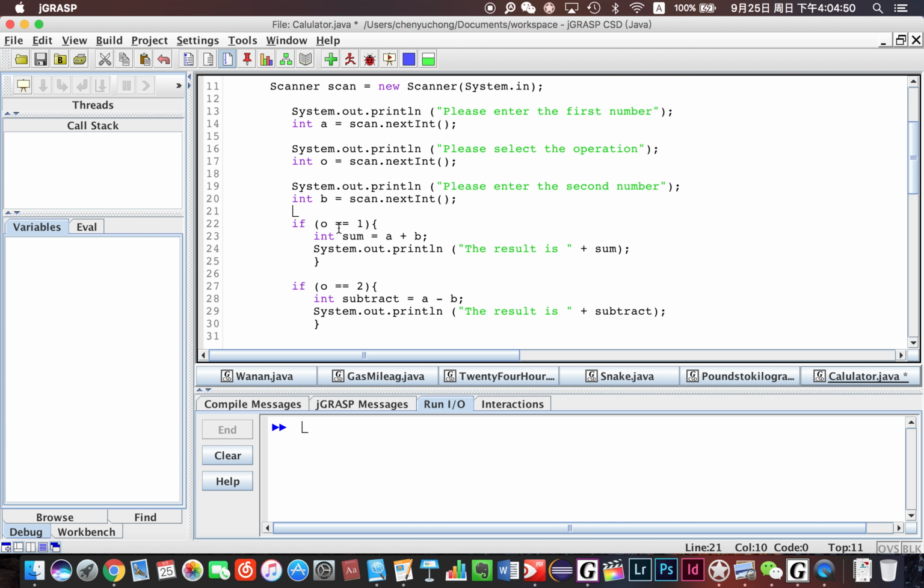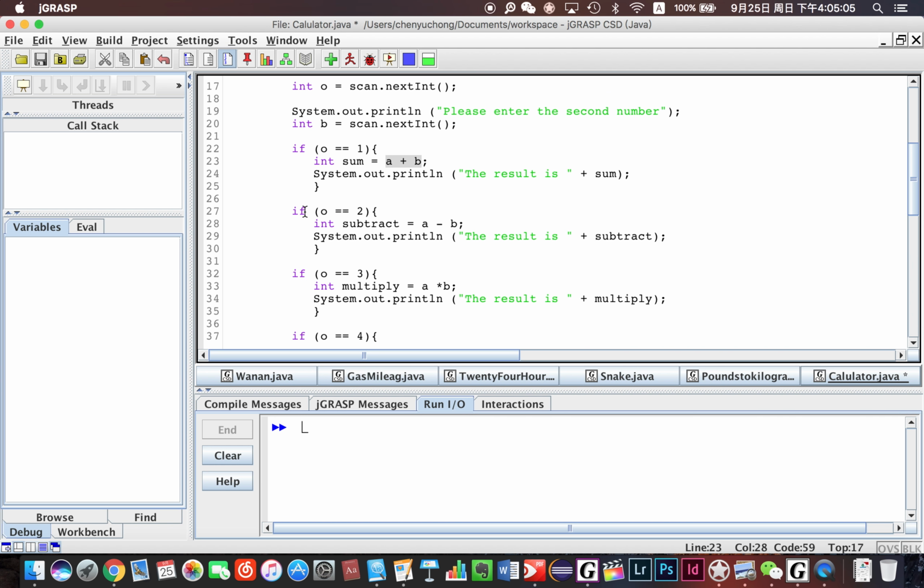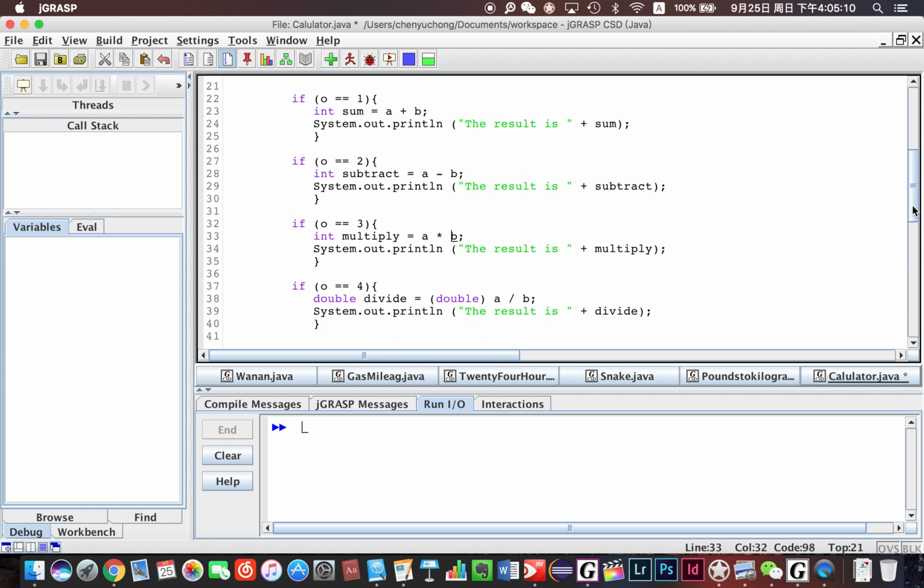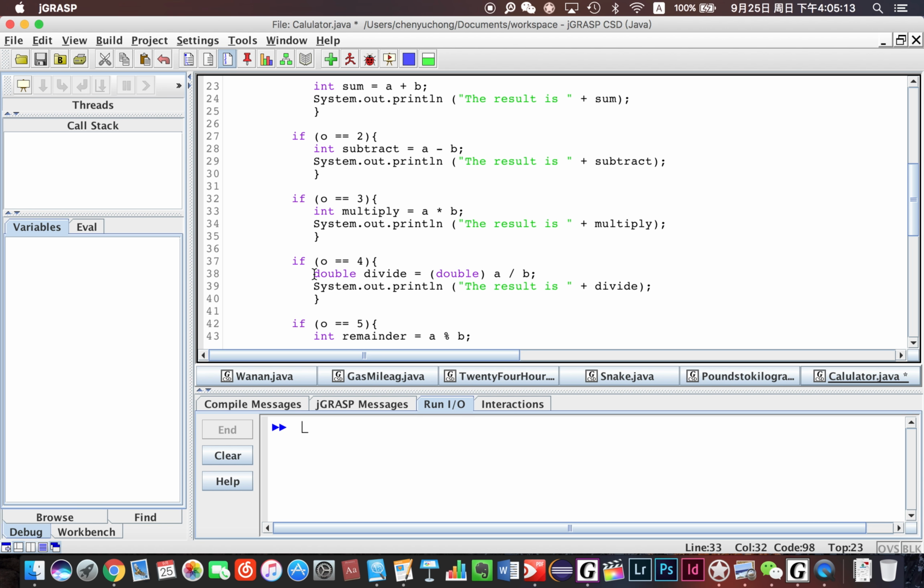So I write it here: when O is equal to 1, we will add these two numbers. Likewise, when it's 2 we subtract, when it's 3 we multiply, and when it's 4 we use double, because this will divide the numbers. So we use the double here and we will print it right here. 5 is the remainder.